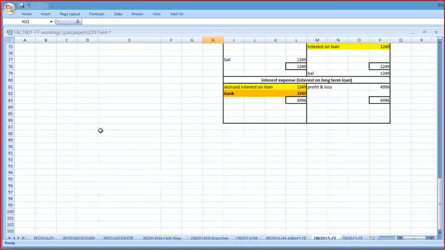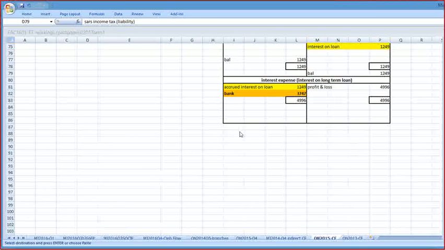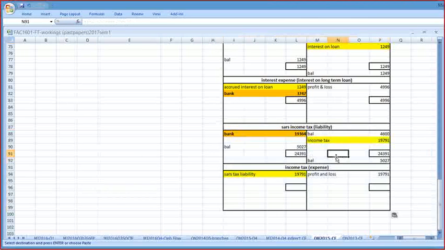How much tax arose during the year? Income tax expense, 19,791. Are we going to have to pay that? Yes. So where does that go? On the credit side, of which account? Of the SARS income tax, because you're solving for the bank. So it is 19,000.